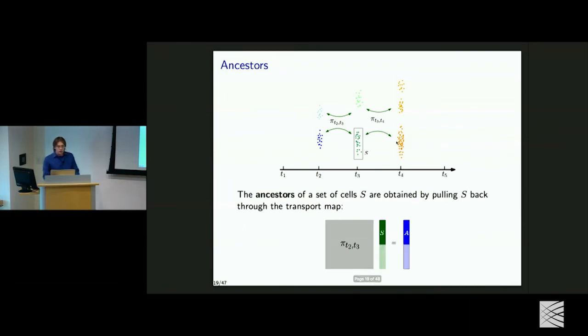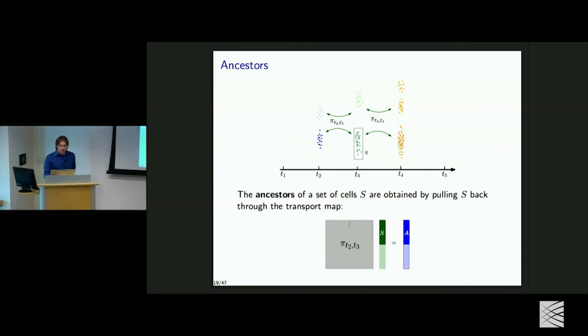Okay. Similarly, we can define the ancestors of a set of cells by pulling this set of cells back through the transport map, also with matrix multiplication, but on the other side. So here, if we had a finite data set, each row of this transition matrix, there would be a row for each point at one point in time, and a column for each point at the next time.